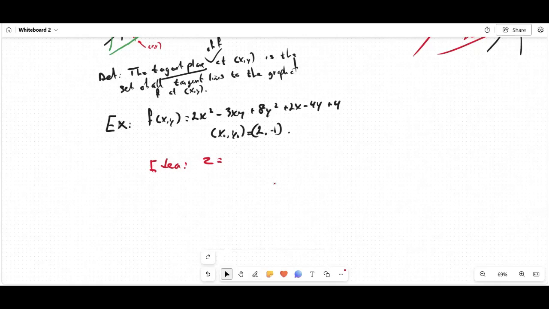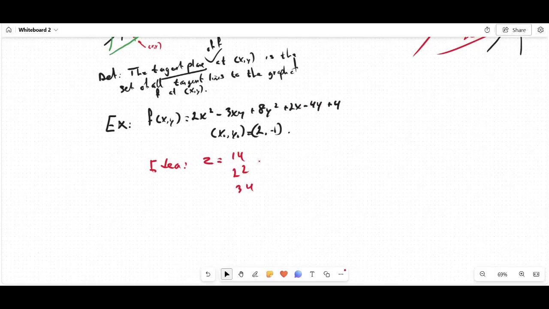So let's start with that. I'm gonna just do it in my head because I don't want to write out the arithmetic. 2 squared is 4, that's 8. 8 plus 6 is 14. Plus 8 is 22. Plus 4 plus 4 plus 4 is plus 12, that's 34.